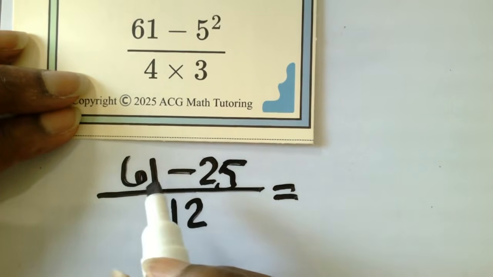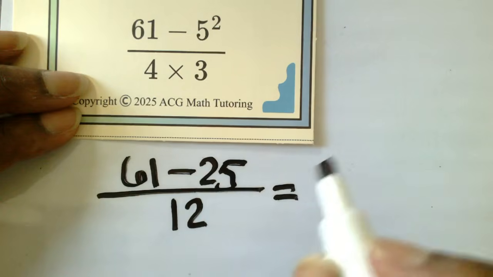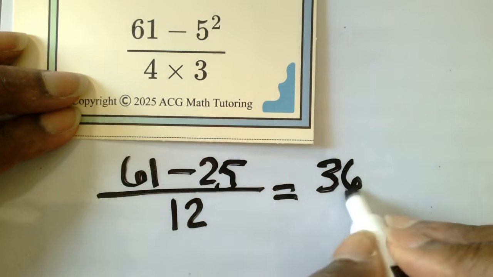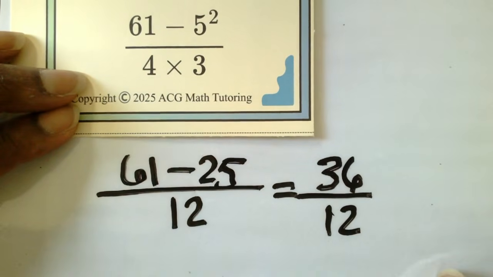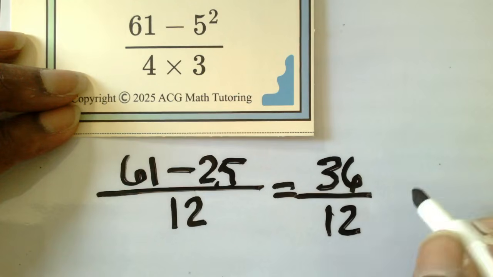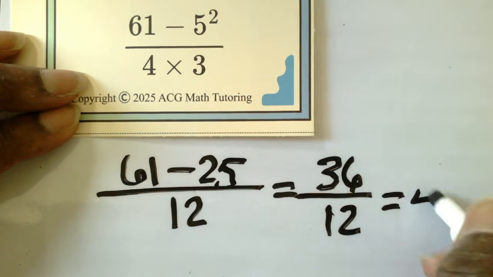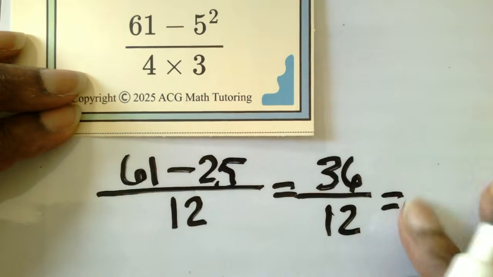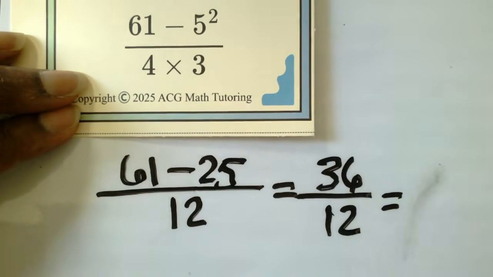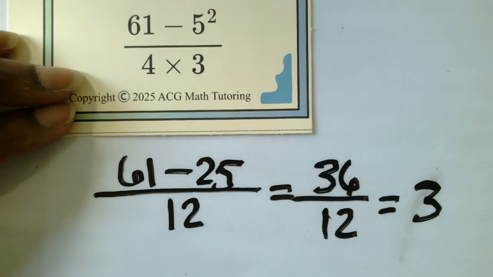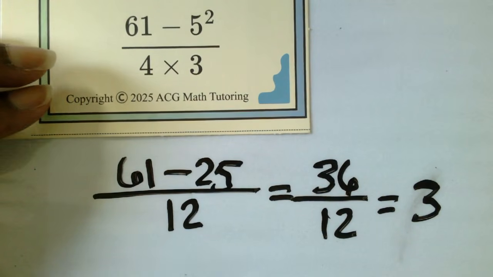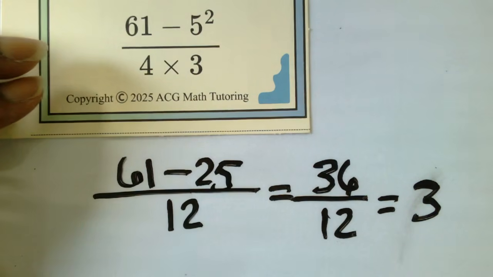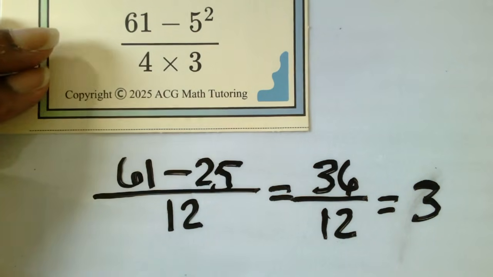So now, 61 minus 25 gives you 36, and that 36 is going to be over 12. So 36 divided by 12 gives me my, oops, I was thinking 4 for a second. Don't ask me why. So that will give me my 3. Okay, that's how we're breaking it down, step by step.